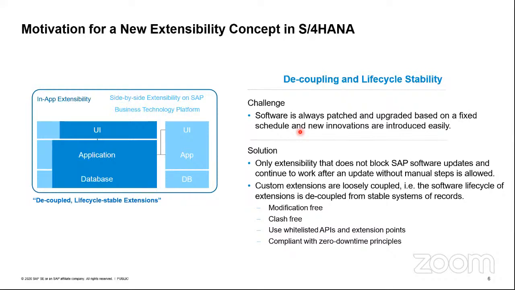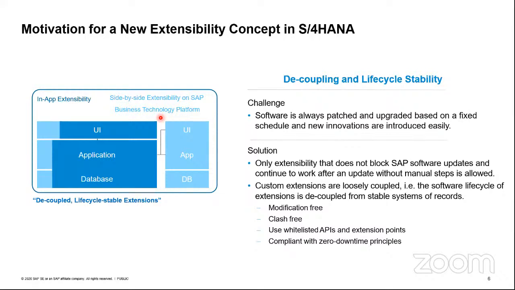This was the reason why a decoupled approach for extensions was introduced. These extensions are loosely coupled from the standard code. They always lie on top of the standard code so that the standard code is not touched. They do not block upgrades, and they continue to work even after an upgrade.